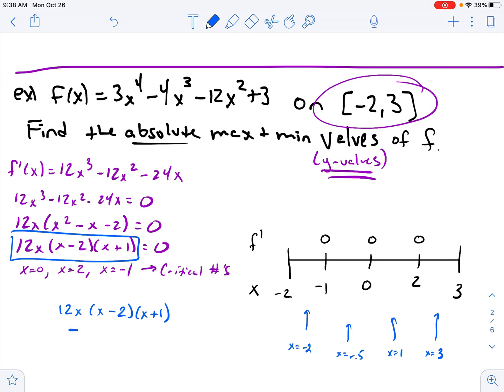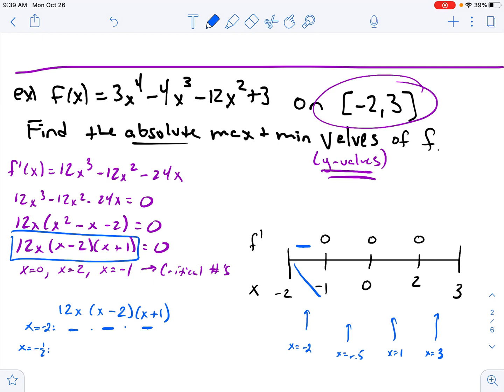Okay, so I'm going to pick some convenient values to test the sign of f prime. At -2, let's see, 12 times -2 is negative. -2 minus 2 is negative. And -2 plus 1 is negative. And the product of three negatives is negative. So our function is decreasing on that interval.